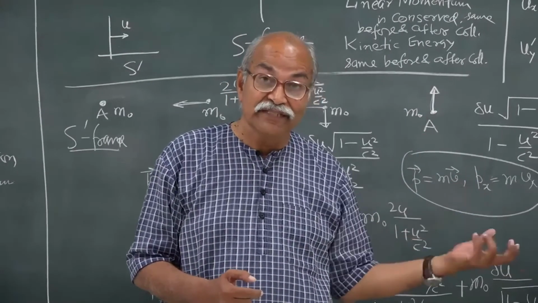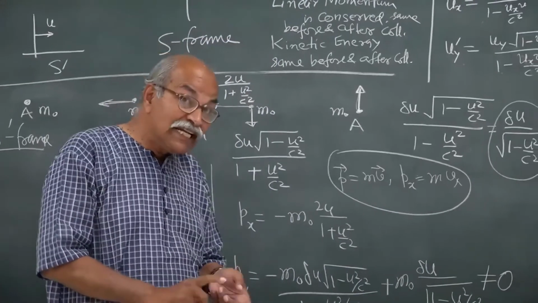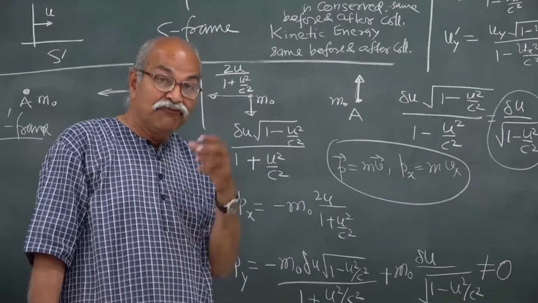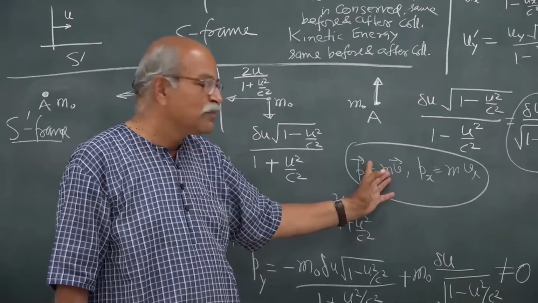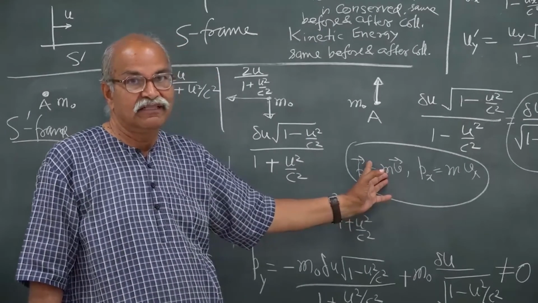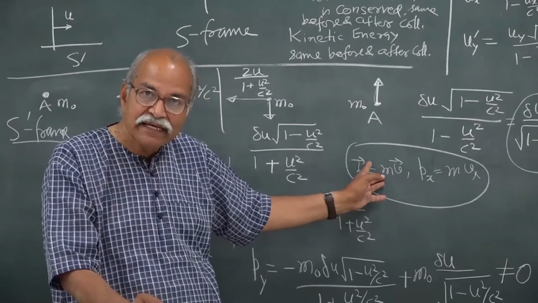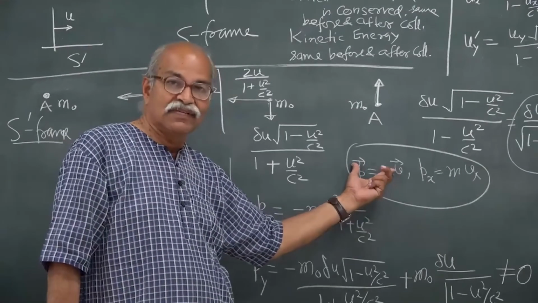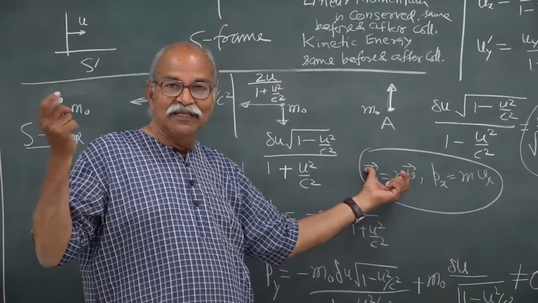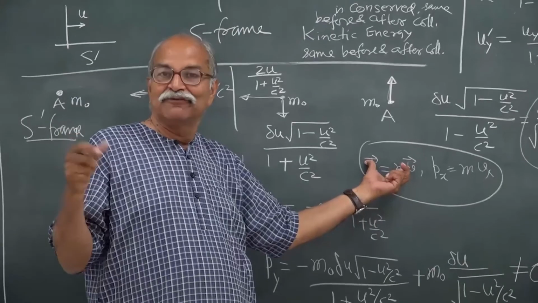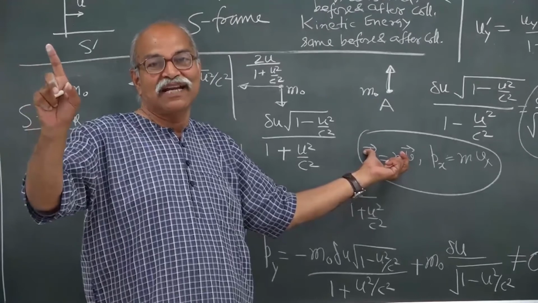That is the thing which forces us to redefine linear momentum. Let us redefine this linear momentum in such a way that when v is much smaller than c, it should reduce to this equation. It is a very nice equation, p equal to mv, and p remaining conserved if the external force is 0 is an extremely good principle. We cannot do away with that.